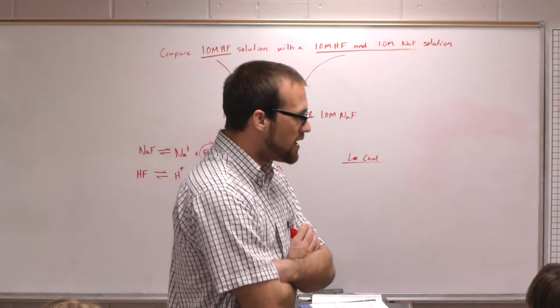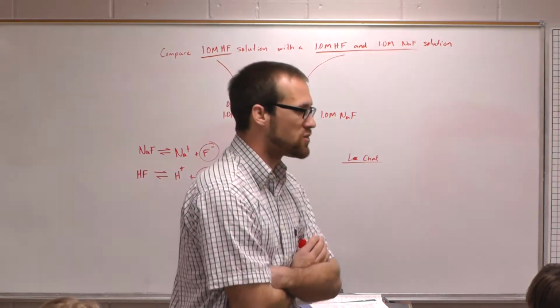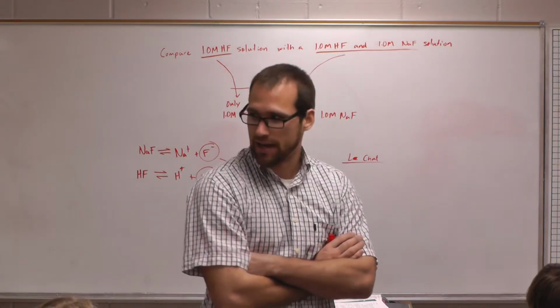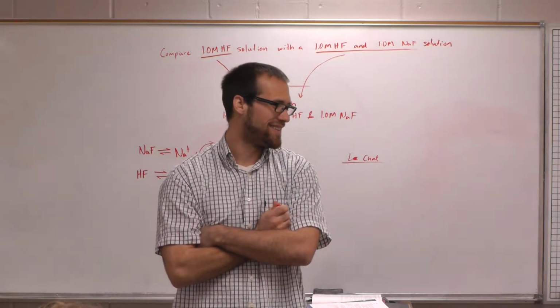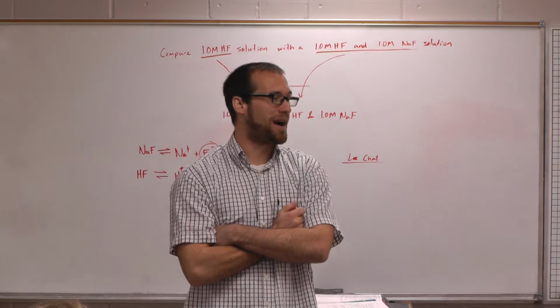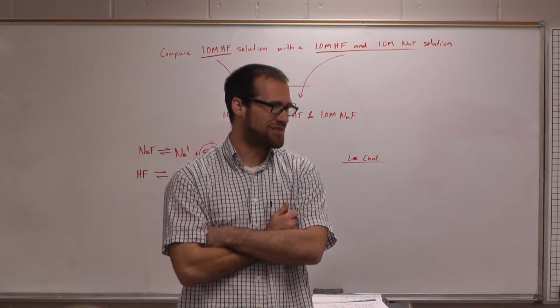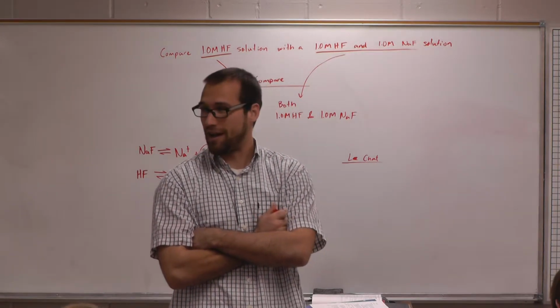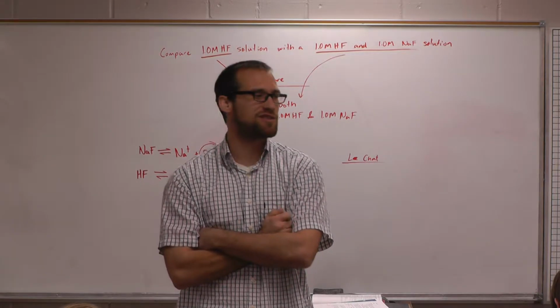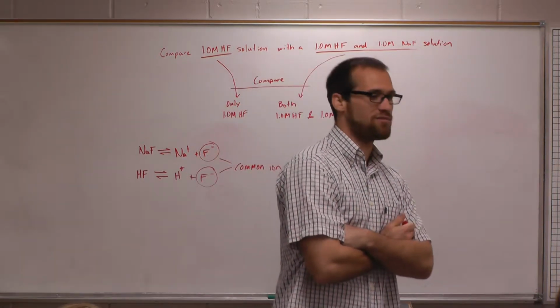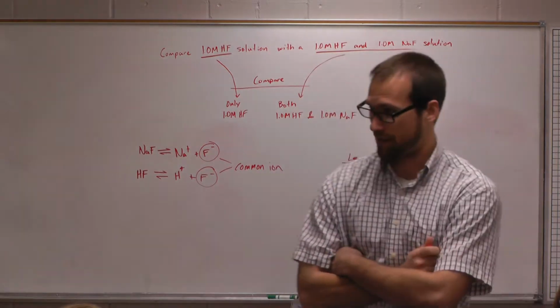To the right. If we removed a product, which way would it shift? To the right. If you remove a product, that's the stress. So to undo the removal of product, it will produce more product and shift right. We also talked about temperature effects, and pressure effects, and all that stuff.